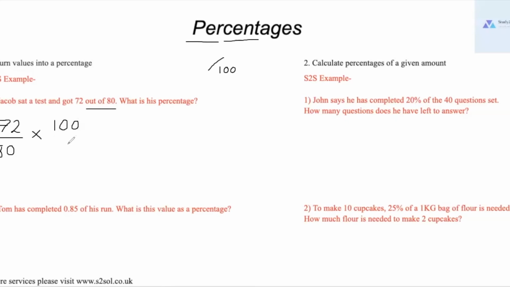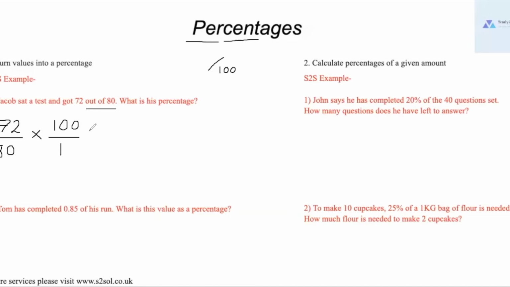The 100 has been put above the multiplication sign because we're multiplying our numerator by 100. Remember, if you have a whole number, as a fraction it is simply just that number over 1. So 100 is the same as putting 100 over 1. This is essentially what we're doing to turn our value into a percentage.